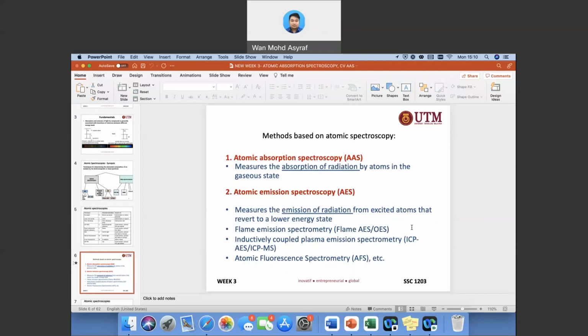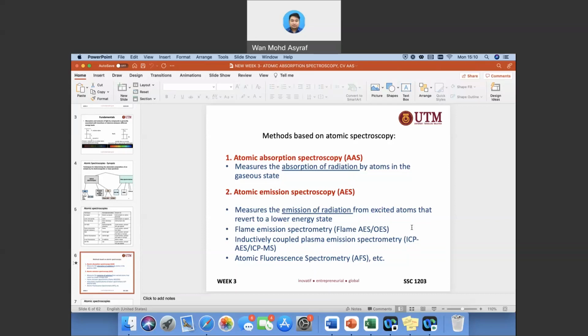When atoms become excited and then undergo relaxation, they emit electromagnetic waves, which is called emission.